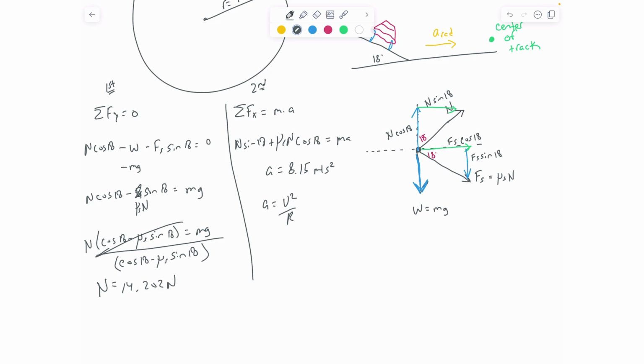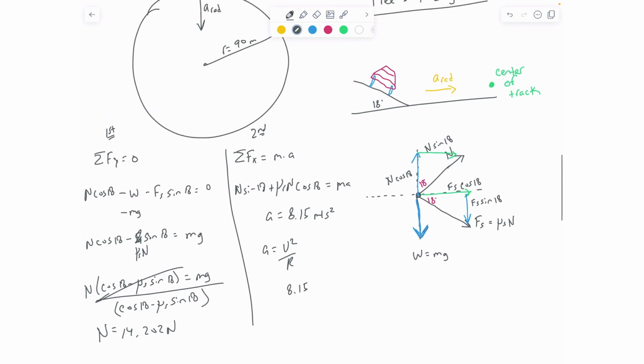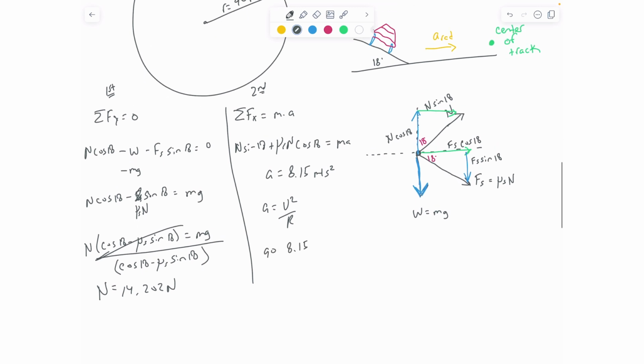So if I want to find my velocity, which was part of the problem, I would take A, which is 8.15, multiply it times r, which is 90, and then that equals v squared.